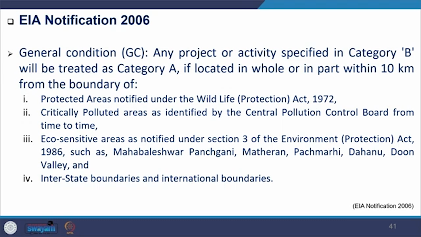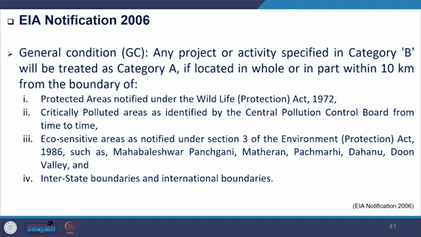So you can see, like in the EIA notification, I had shown you the list, category A, B and so on. In general conditions, any project or activity is specified if it falls under the B category. So if we have national legislation in place to look after wildlife protection, conservation and management, whatever this national legislation is, it is going to affect the EIA process.